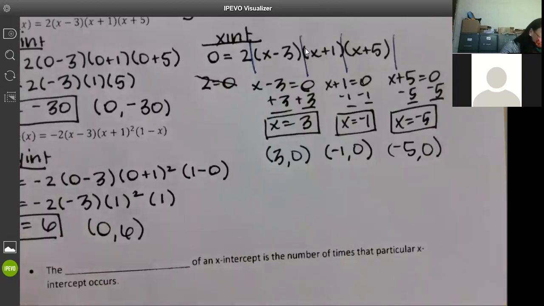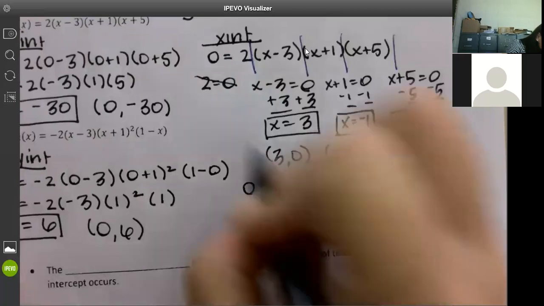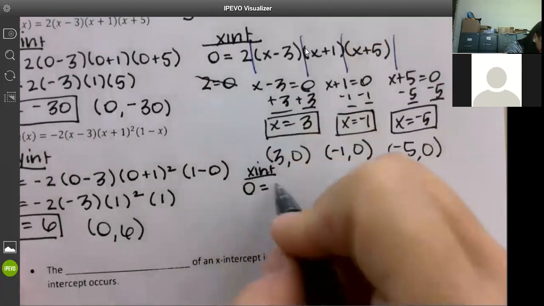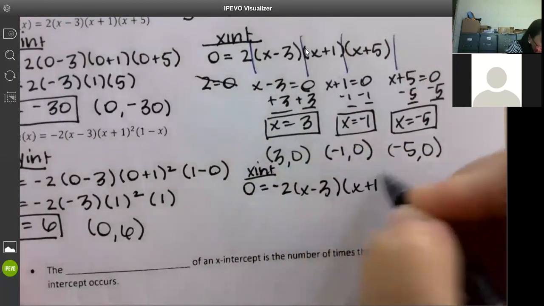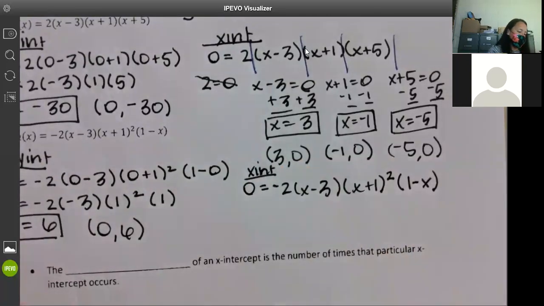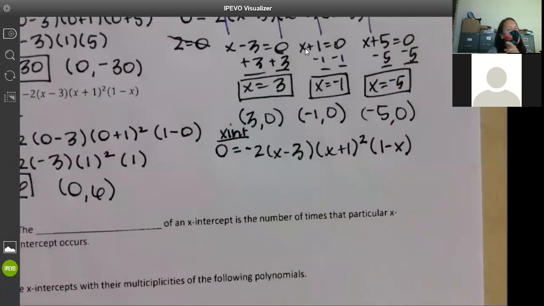All right, so for the next one, we have 0 equals, this is your x-intercept. 0 equals negative 2, x minus 3, x plus 1 squared, and 1 minus x. All right, so the only weird one is this x plus 1 squared. And what does square mean?